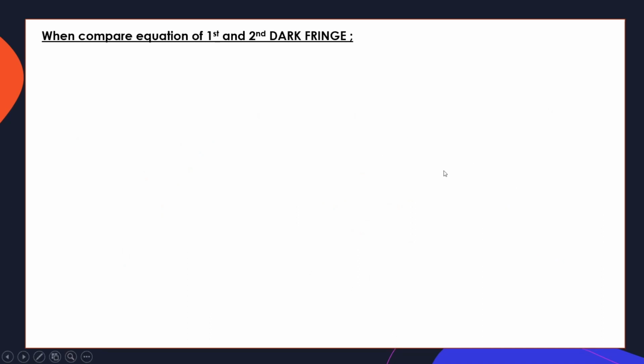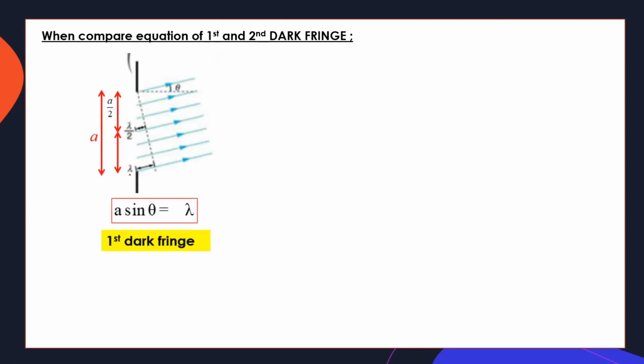So when we compare the equations of the first and the second dark fringe that we have discussed just now, we can see that for the first dark fringe, where there is a path difference of a sin theta between the first ray and the second ray, the equation can be written as a sin theta is equal to lambda.